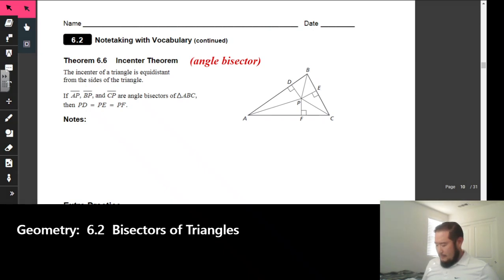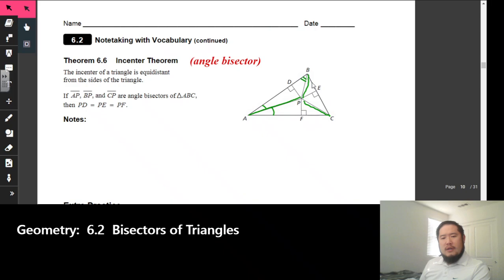So meaning this, it says that AP, BP, and CP, all of these segments are bisecting their corresponding angles.